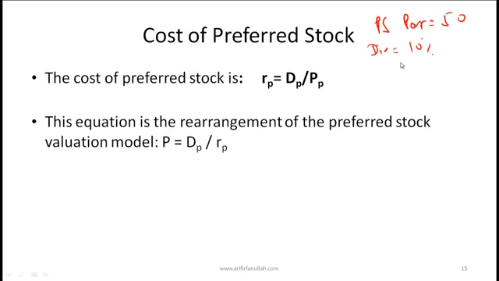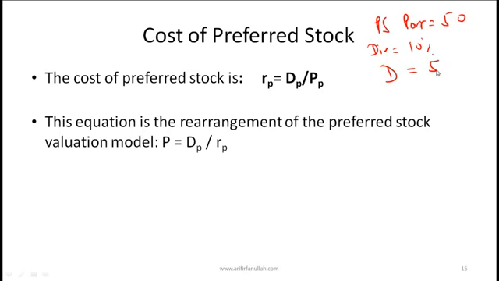So what this is saying is that the actual dividend value, so the preferred dividend, is 10% of par value, which is equal to 5. So this is our cash flow. Let's say that our preferred stock is trading at 45.